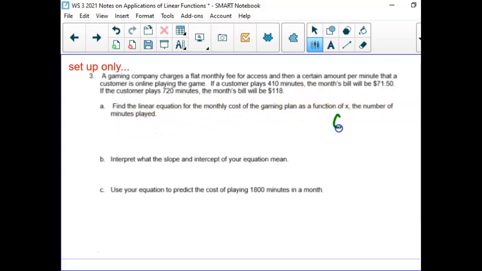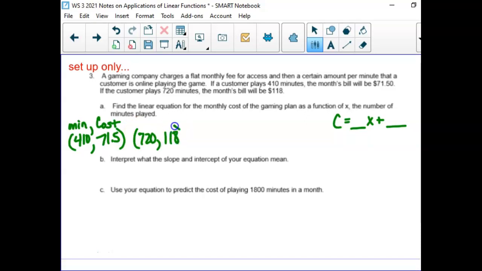So we're looking for this format, okay? We have x as the number of minutes and y as the cost. What are the two ordered pairs we know right now? 410 minutes costs $71.50 and 720 minutes costs $118.